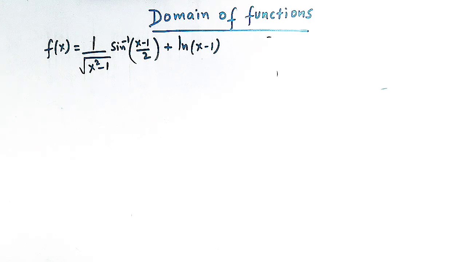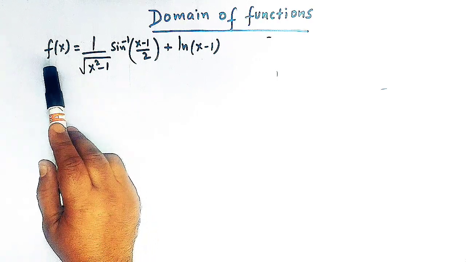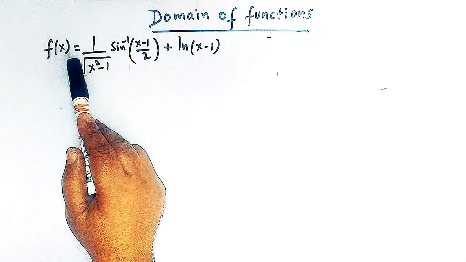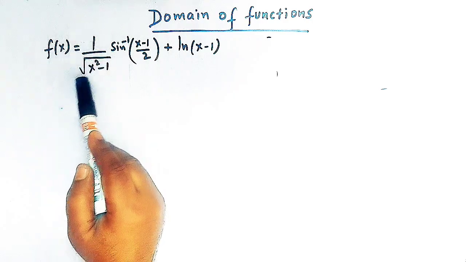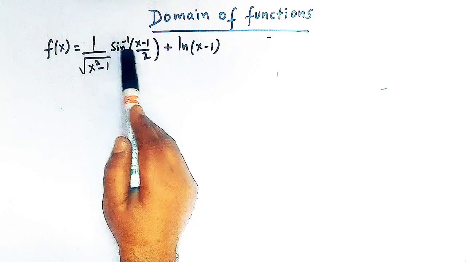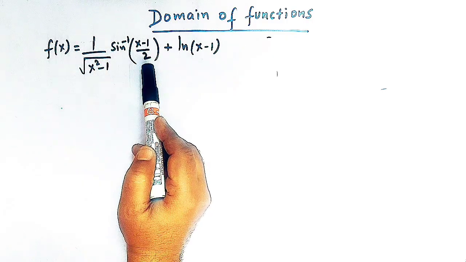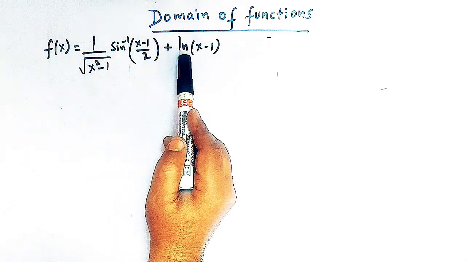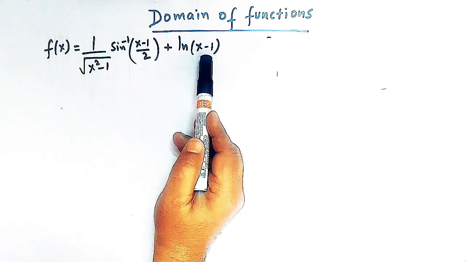Hello viewers, in today's session we are going to discuss another important problem from domain of functions, and here we are going to find out the domain of this function f of x, that is equal to 1 over square root of x square minus 1, and here we have sine inverse of x minus 1 over 2 plus logarithm of x minus 1, right?